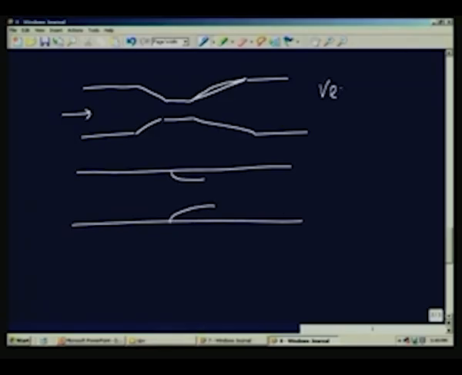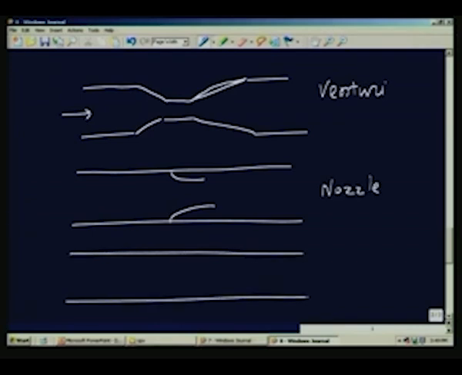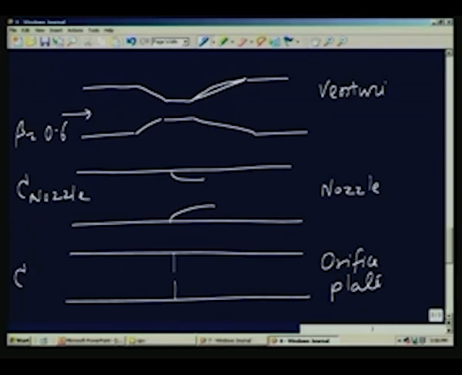So this is the venturi, this is the nozzle, and I have the orifice plate, all having the same value of beta in each case. So what I have to do is work out the appropriate values of C for the case of the nozzle and C for the orifice plate.